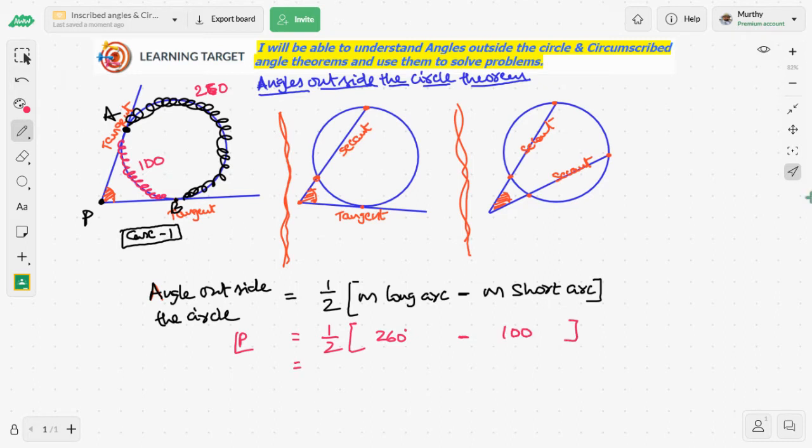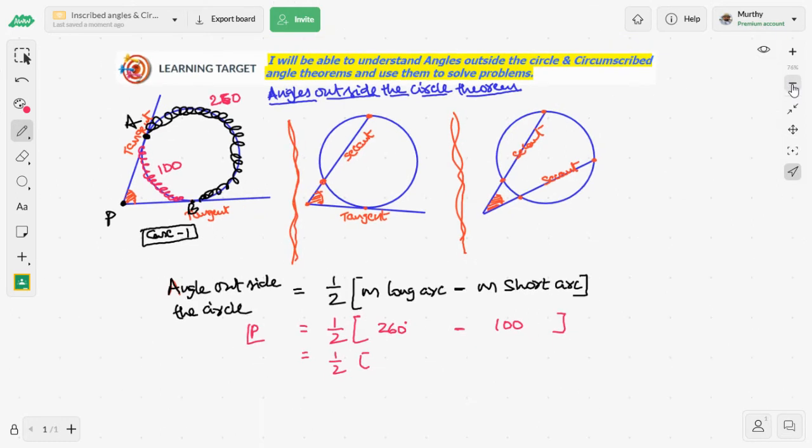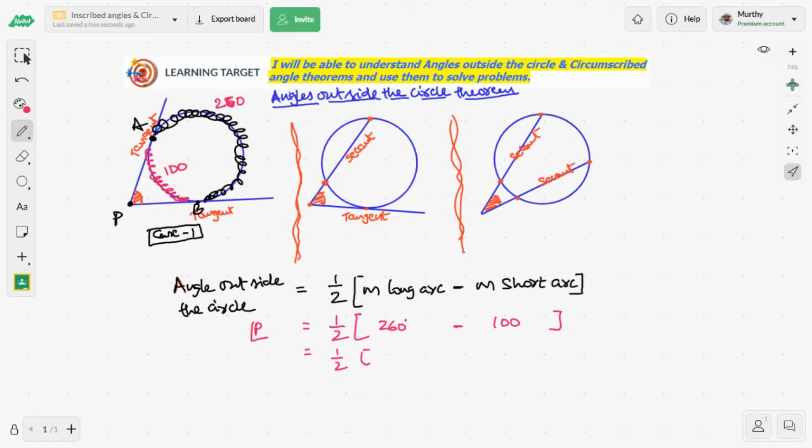We follow PEMDAS. 260 take away 100, then you'll get 160 degrees. So half of 160, the measure of angle P equals 80 degrees.